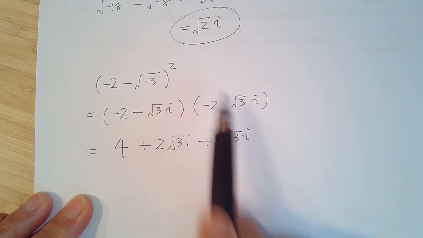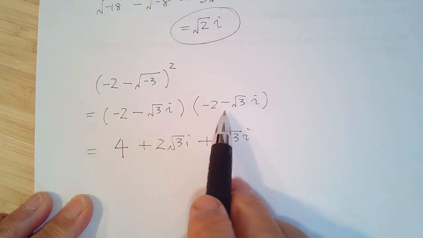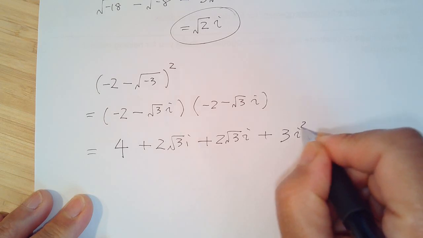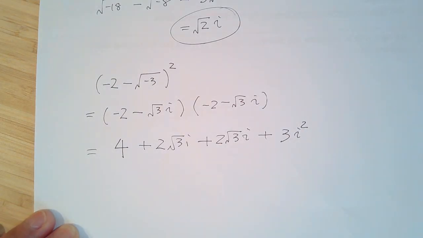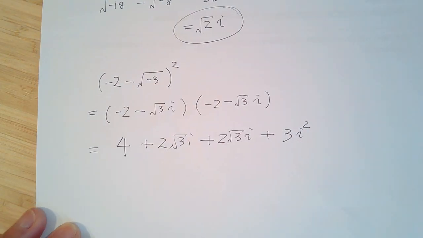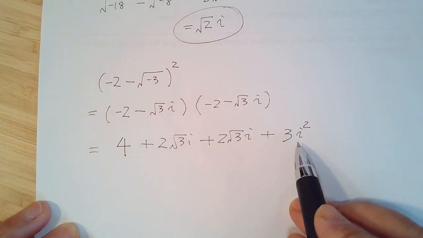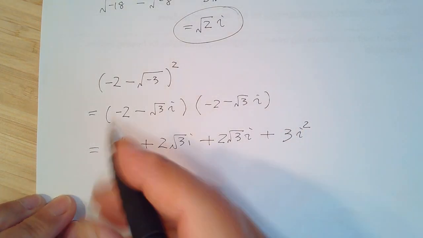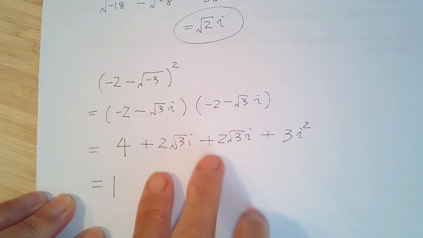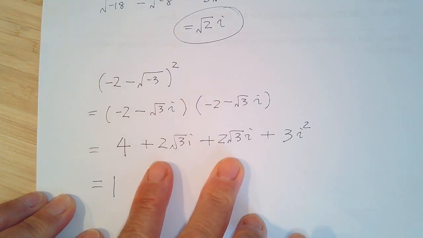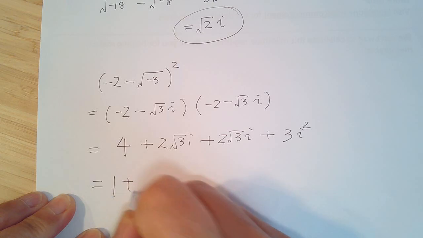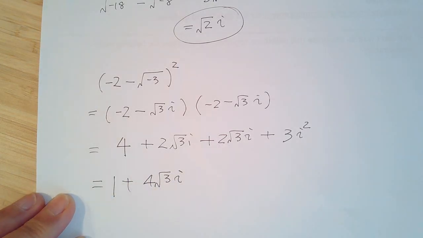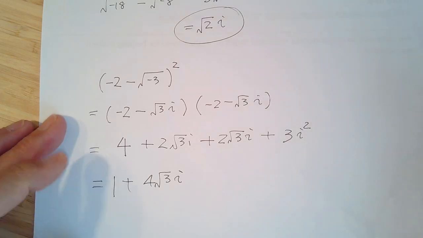And then the last one, negative root 3 becomes a positive 3, and then i squared. So what is i squared? Negative 1. So here becomes negative 3. If you combine this, a 4 and a negative 3, you get a 1. And here, 2 root 3 i plus 2 root 3 i, you get a 4 root 3 i. There you go. So that is this one.